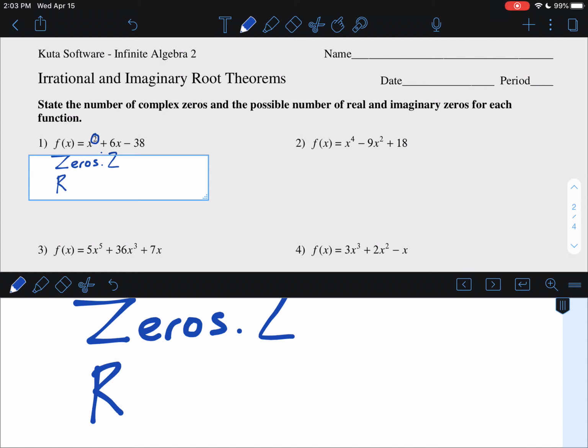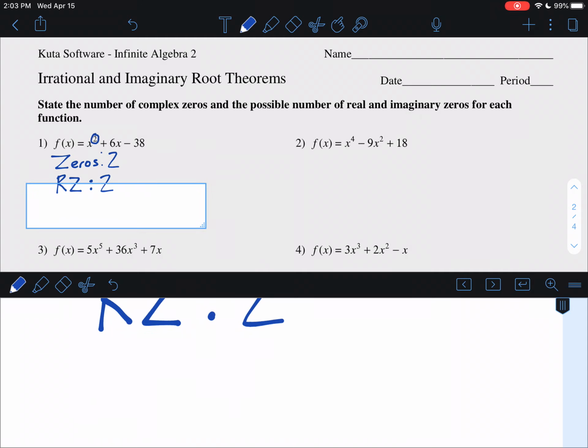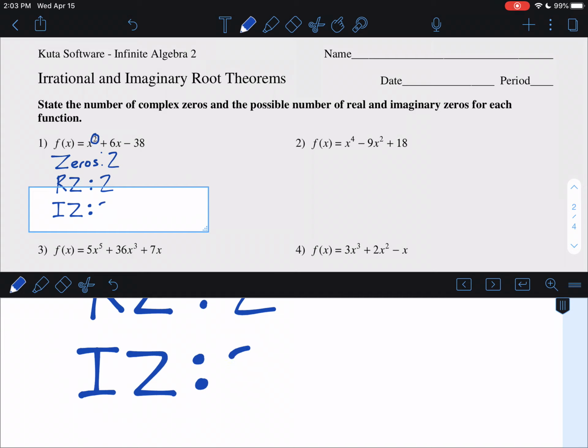So we'll say RZ could be 2. But then there's imaginary zeros, IZ. What if both those zeros are imaginary? It's 2.